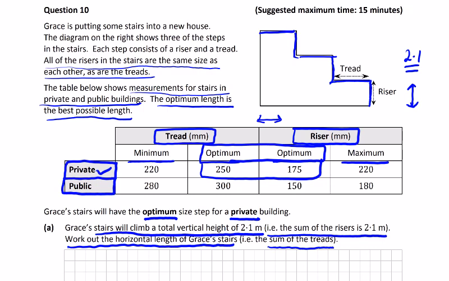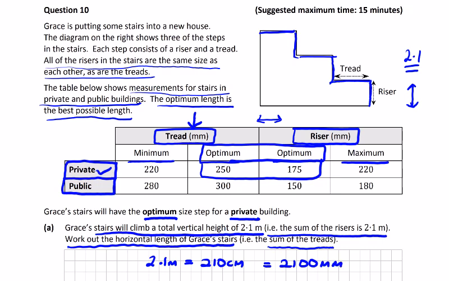So we just have to work out how many there are. 2.1 is the total height, 2.1 meters. That's equal to 210 centimeters. You can see we're dealing in millimeters here, so immediately my brain is thinking convert everything to millimeters. 210 centimeters, 10 millimeters in a centimeter, so multiply by 10: 2100 millimeters is the total height.